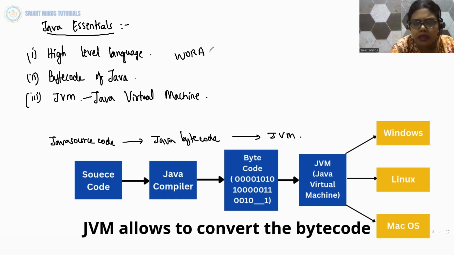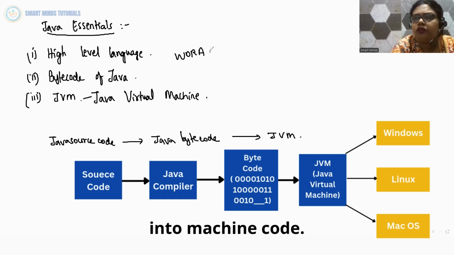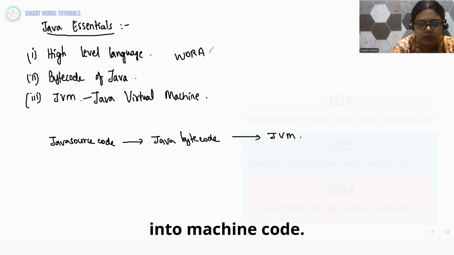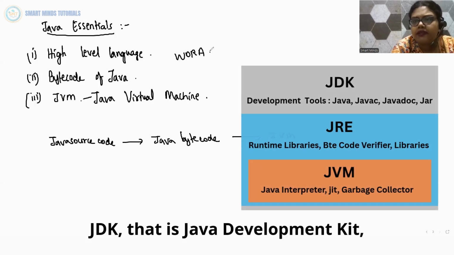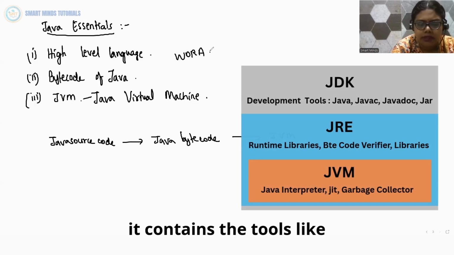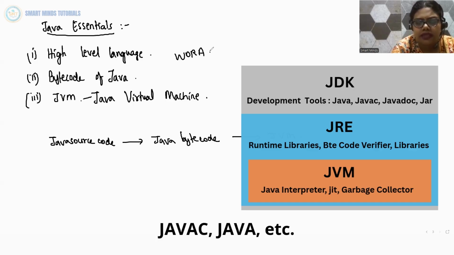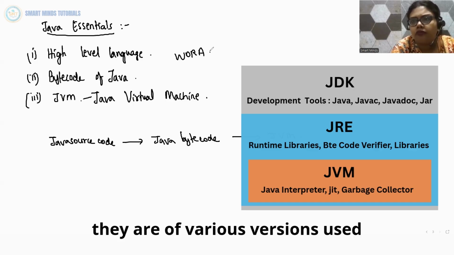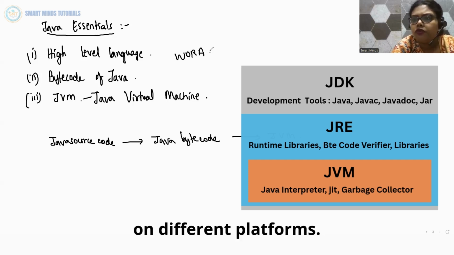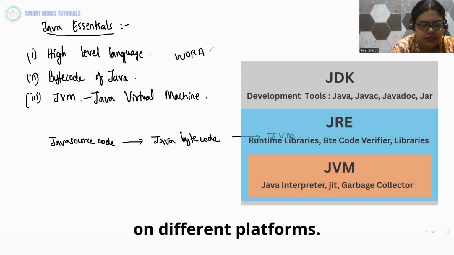So JVM allows converting the bytecode into machine code. JDK, that is Java Development Kit, contains tools like Javac, Java, etc. They are of various versions used on different platforms.